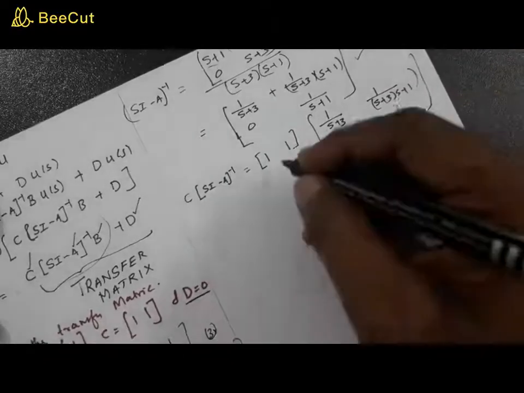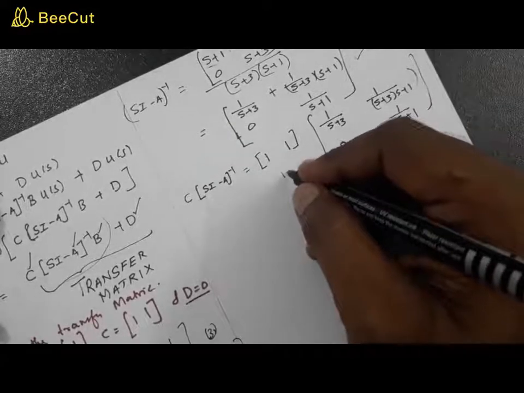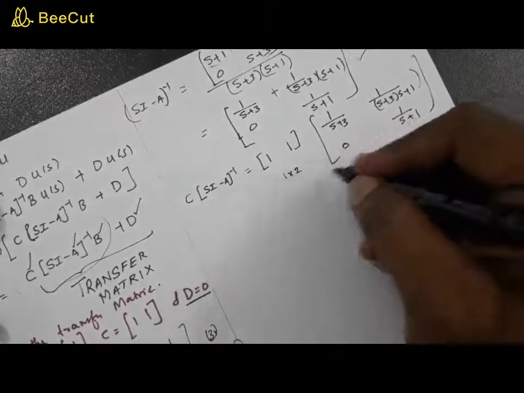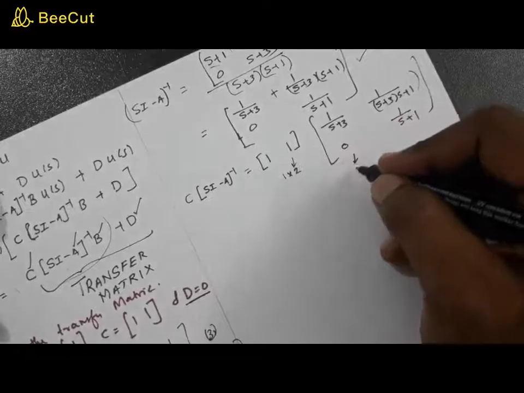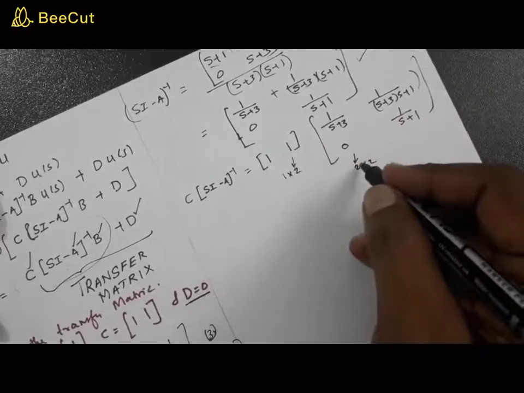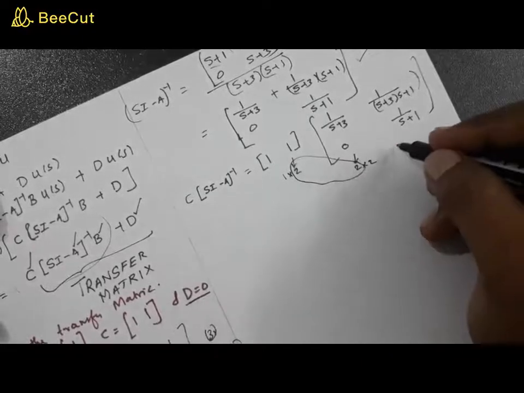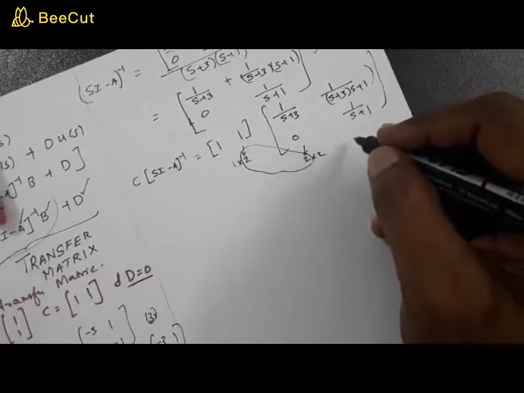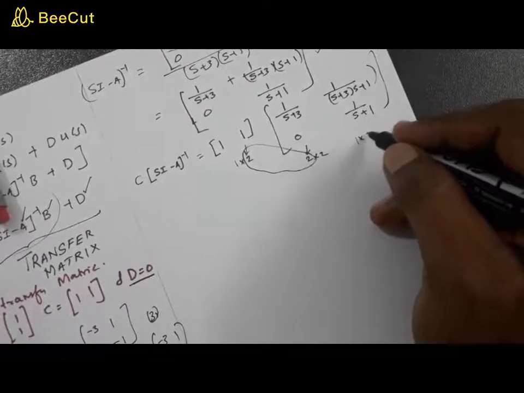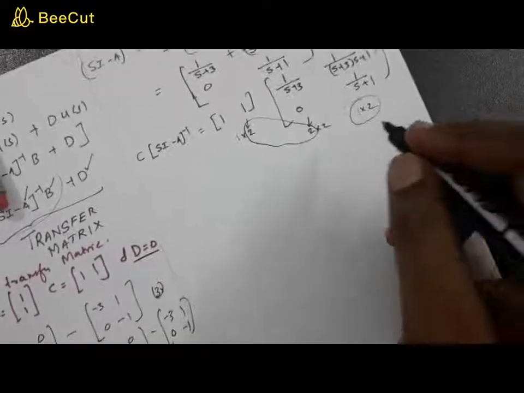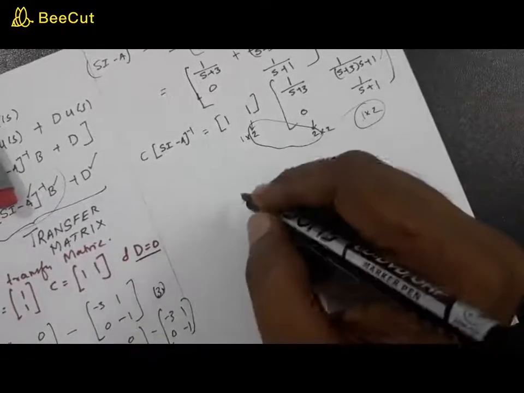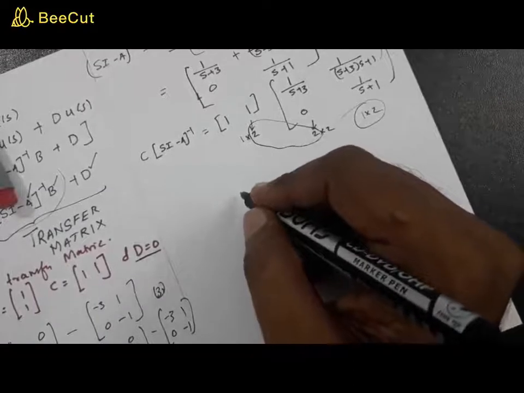So this is a 1 into 2 matrix, and this is a 2 into 2 matrix. So when you multiply, this is multipliable, and that will result in a 1 into 2 matrix, that means with 1 row and 2 columns, right?